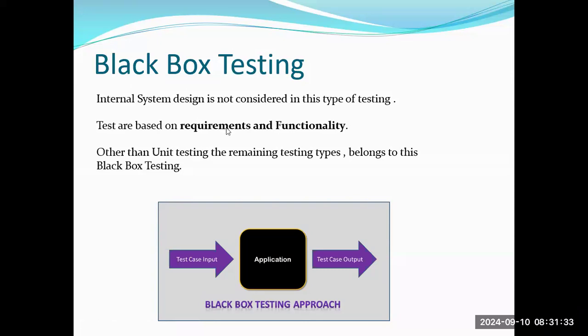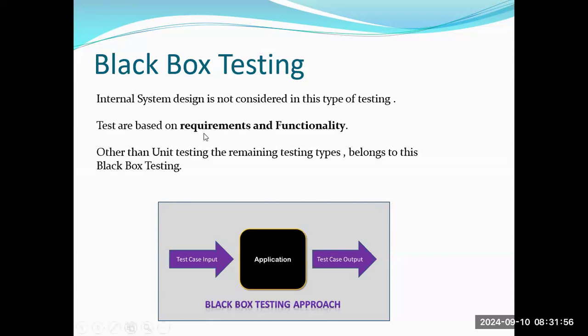What is the testing definition? Check whether your application is working as per the given requirements or not. They will provide the requirements. Yesterday I showed you a valid username and valid password. That username and that valid password, each and everything they will provide you.